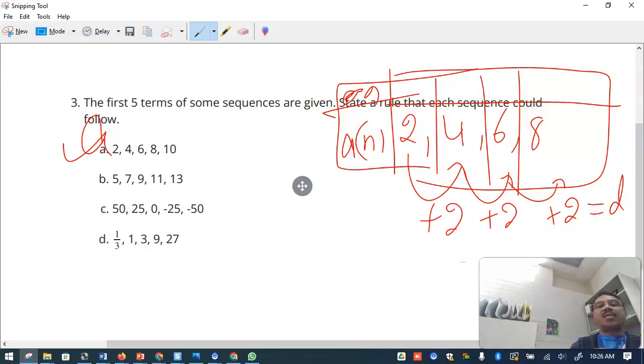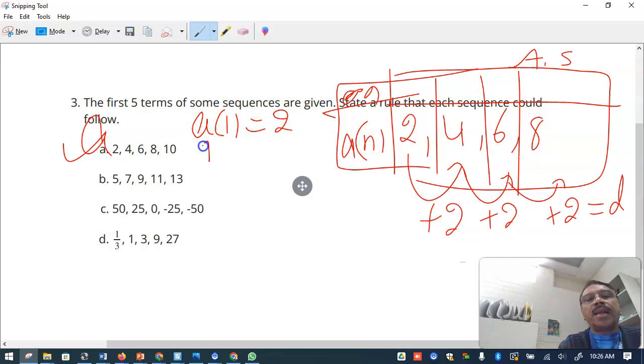And we can also write this in the recursive definition. This is an arithmetic sequence. There is a rate of change. That means the very first one, a of 1, is 2. And then any term is always 2 more than the previous one. So the previous one is n minus 1.